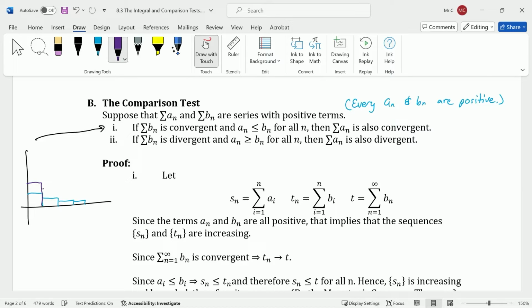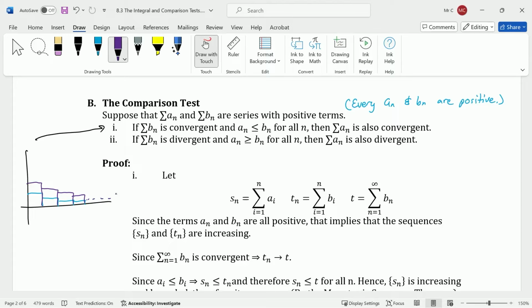B sub n could be represented by these bigger sums of rectangles. So what we're saying is, if the sum of these area rectangles that correspond to b sub n is finite, then the sum of the blue ones is also going to be finite.